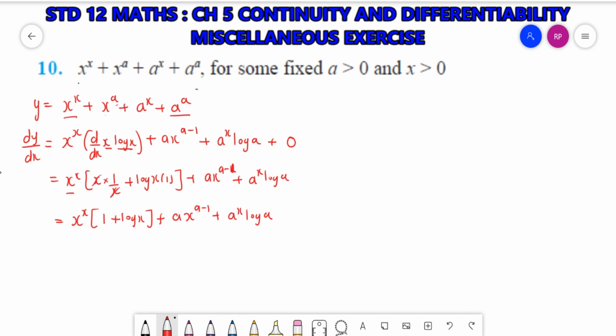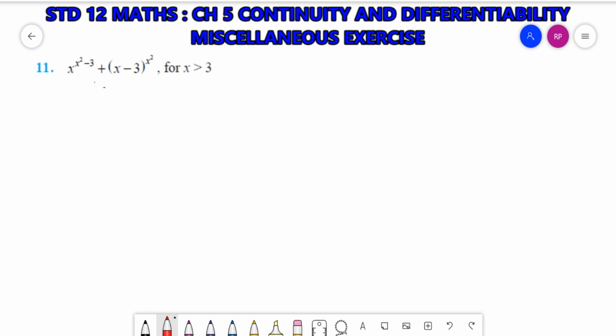Now let's move to the next, 11th, that is last for today. Question number 11: y equal to x raised to (x square minus 3) plus (x minus 3) raised to x square. Okay, so we'll use the same shortcut technique, derivative of b raised to p.